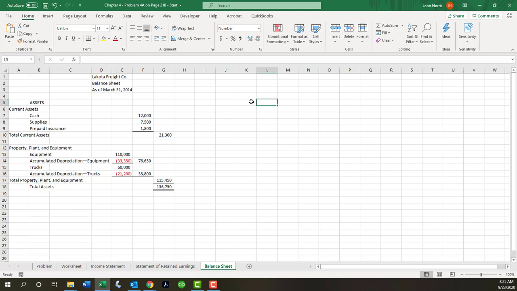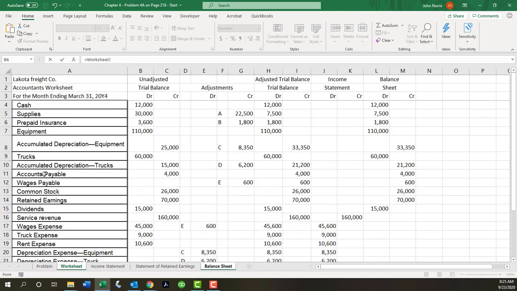Liabilities. Current liabilities equals the accounts and wages payable.